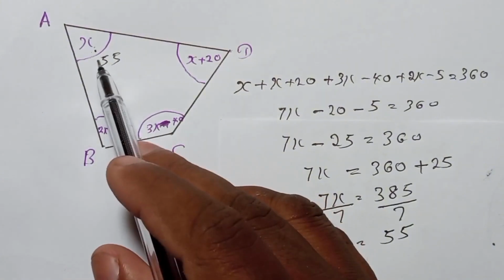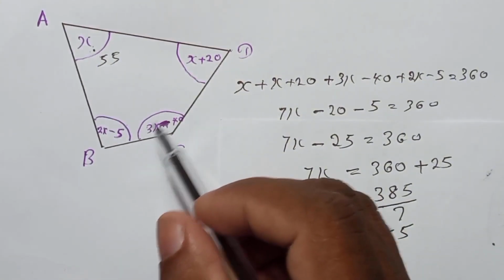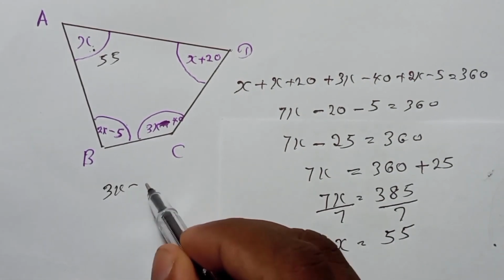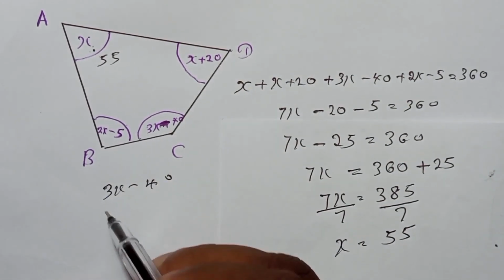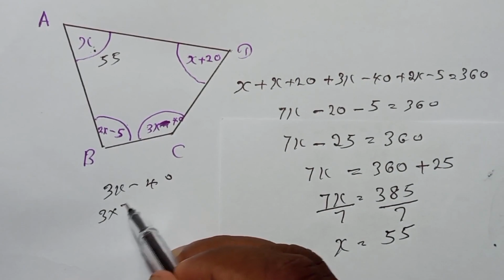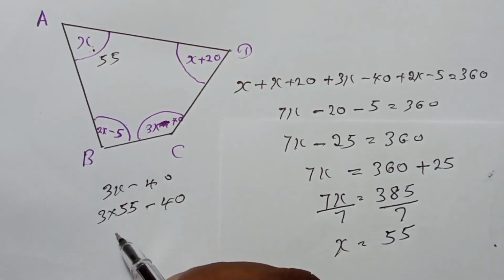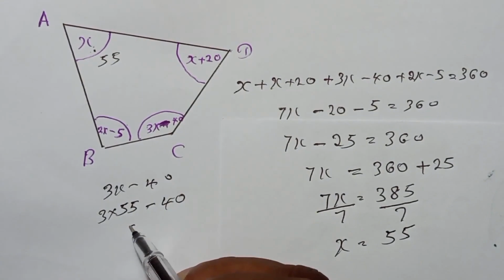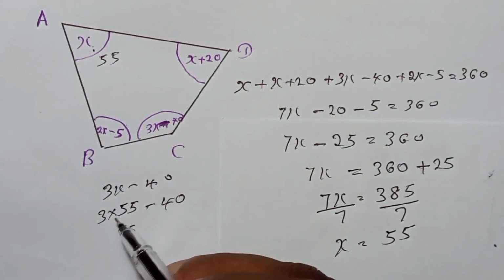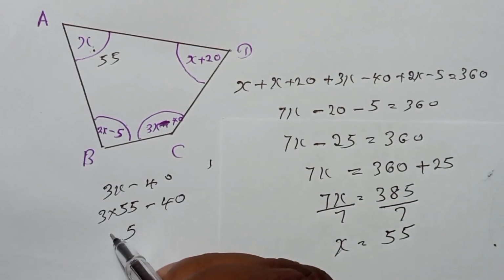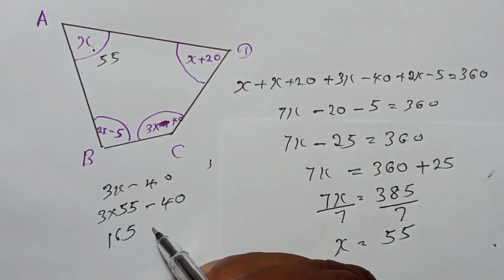Let's check here 55. Let's find the value of the angle here. Here we have 3x minus 40. So replace x with the answer we got for x, that means 55. So here 3 into 55: 5 into 3 is 15, 1 remains, and then 3 into 5 is 15, 15 plus 1 is 16, so 165 here, right?